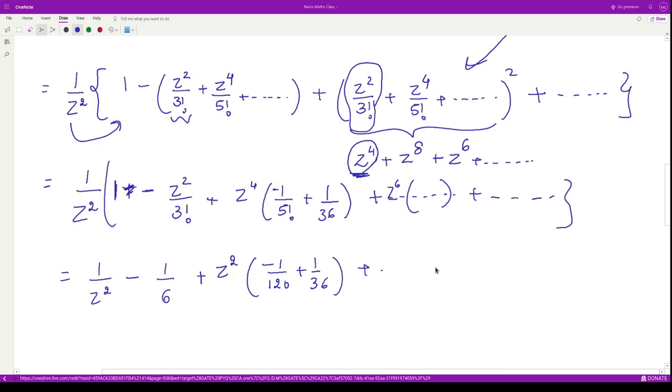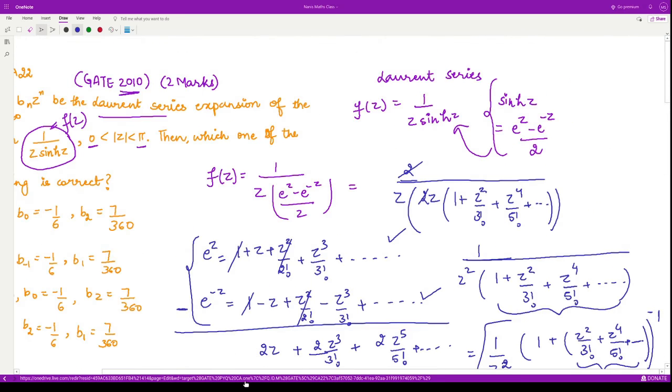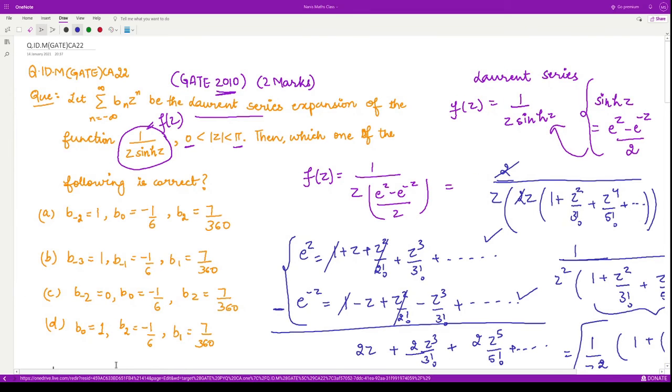So we can ignore the other terms for the time being. Why? Because we only require the terms. Let us have a look at our question. So we only require either b minus 2, b0 or b2. That means we require z square terms, or in the denominator the power is 2 or minus 3 and terms like that.